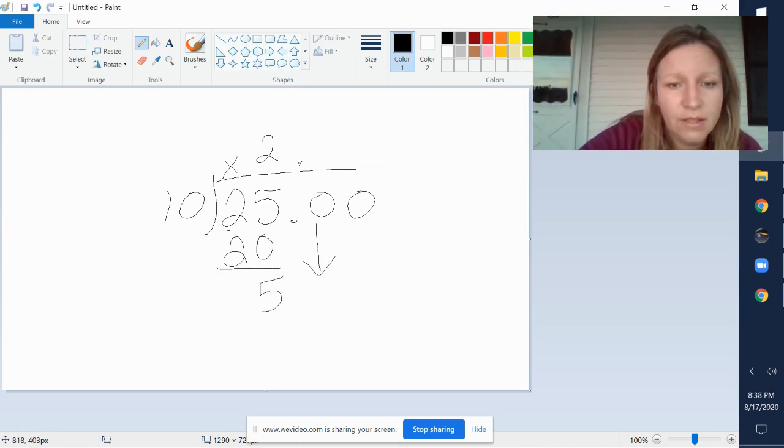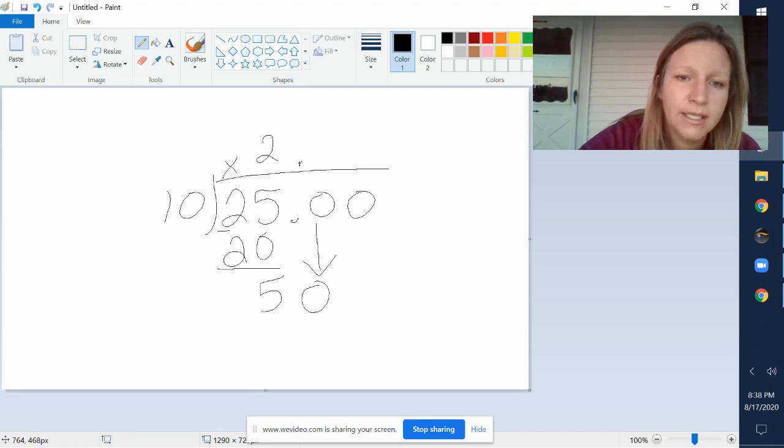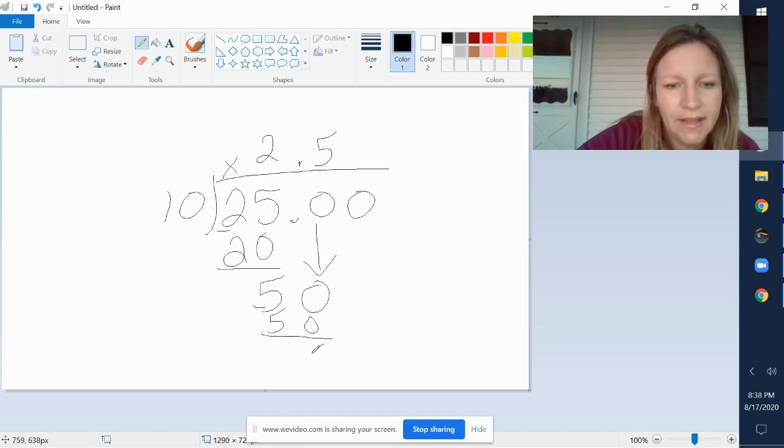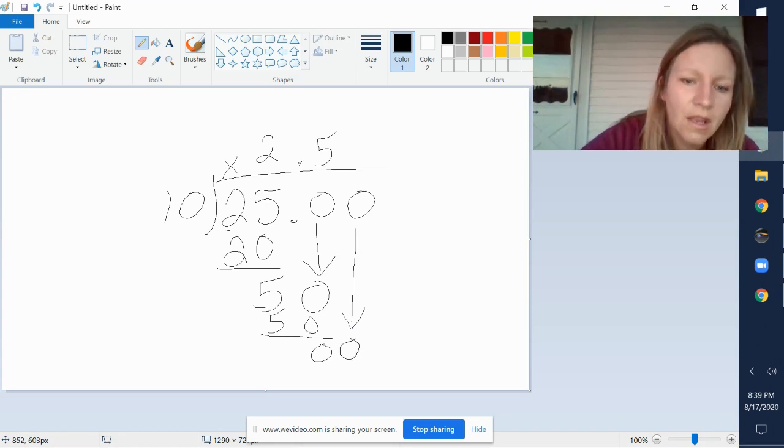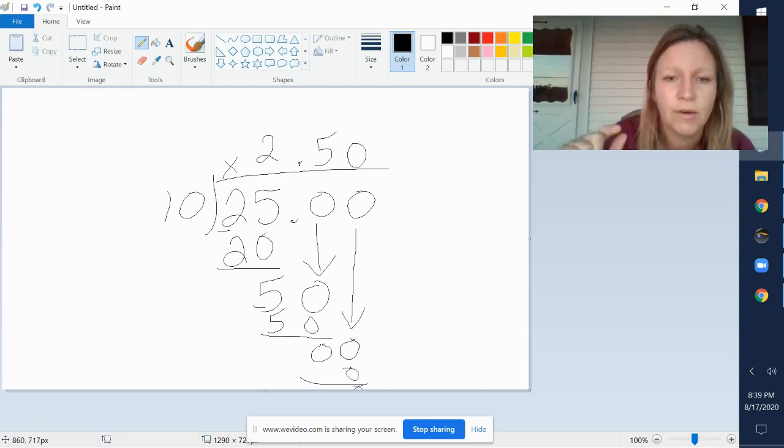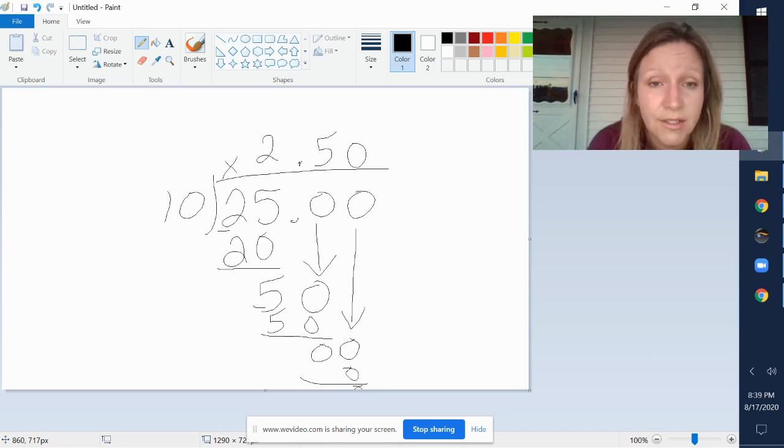I bring down my 0. 10 goes into 50 5 times, and 5 times 10 is 50. So I subtract, and I have nothing left. However, I have this extra 0 to bring down. 10 goes into 0 0 times, and 0 times 10 is 0, and I am done with my problem because I have no remainder. So the correct answer is $2.50.